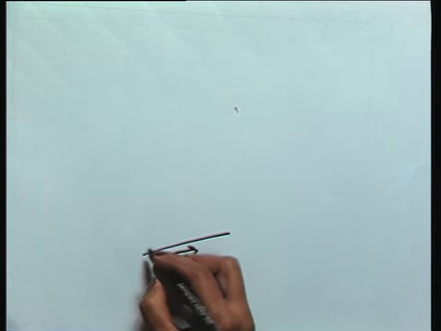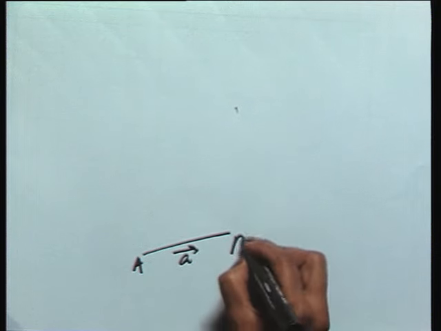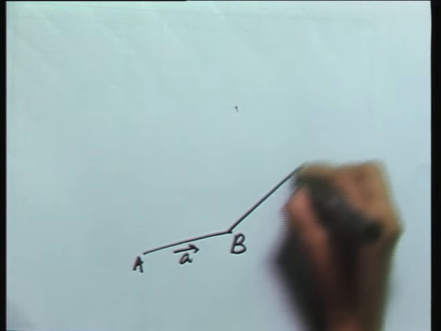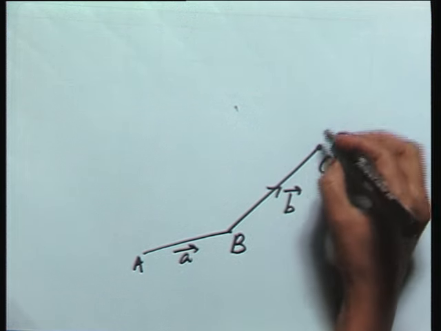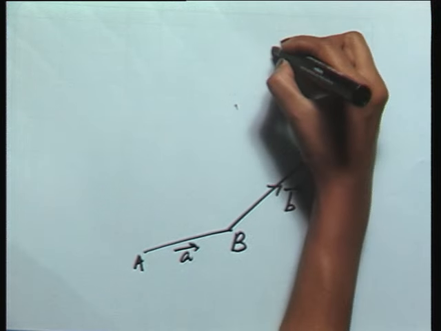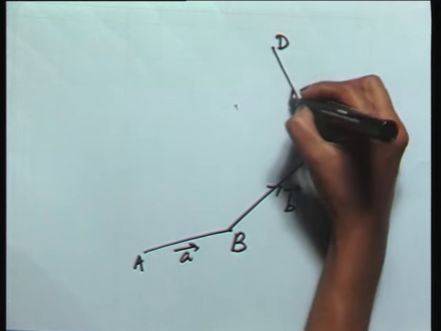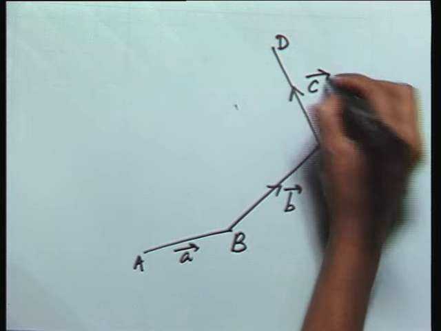Let me start with three vectors A, B and C, represented by the directed line segments AB, BC and CD respectively.